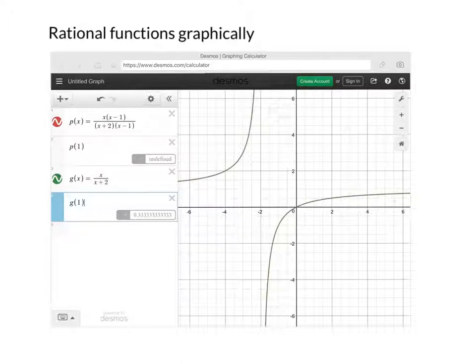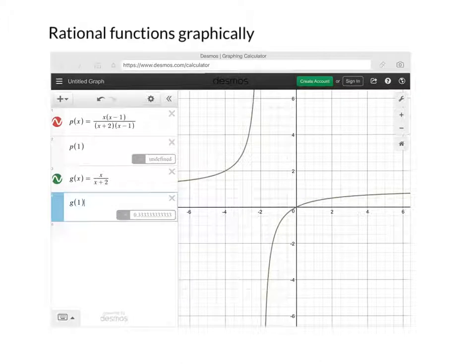But g of x, after I canceled out those terms, x minus 1 and x minus 1, we can actually plug in 1. So if you're going to take a rational function and start canceling some of the common factors, you do have to be careful about your new domain. You have to take into account that you are going to have holes or other things happening at those points.